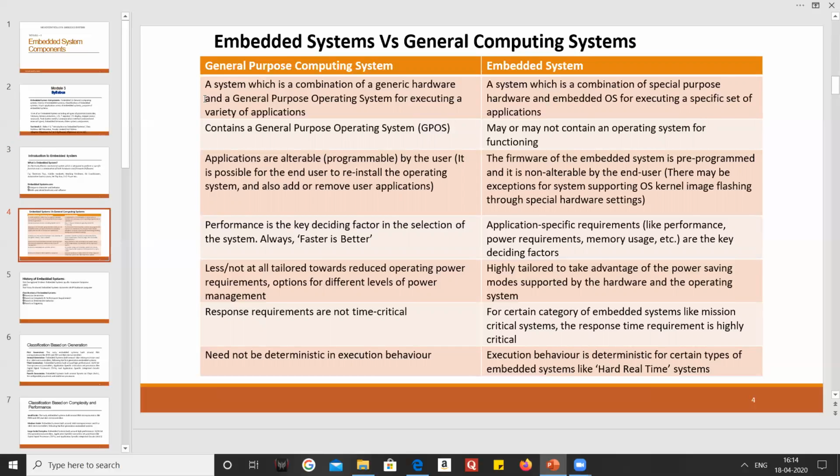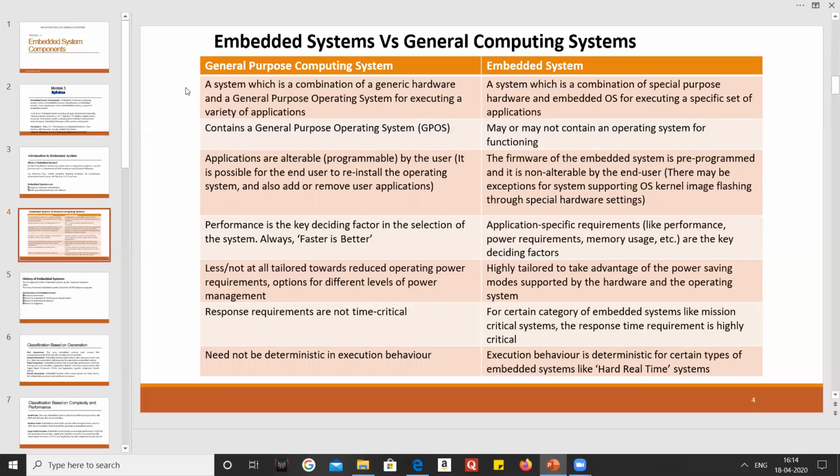If you take your systems or laptops, you can execute your programs, you can listen to music, you can watch movies, you can send mails. So this is a general purpose system. So how is that different from an embedded system in the technical aspect? That we will go through one by one.